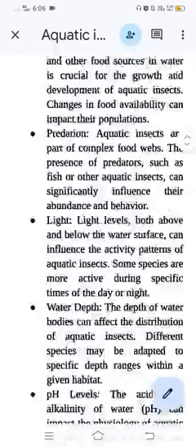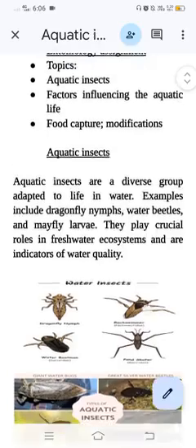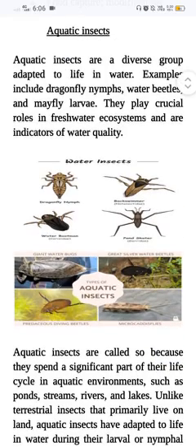So that's all about my topic, and I would like to mention some important ecological aspects of these aquatic insects. We often contaminate water bodies with various mechanisms; we pollute water bodies.